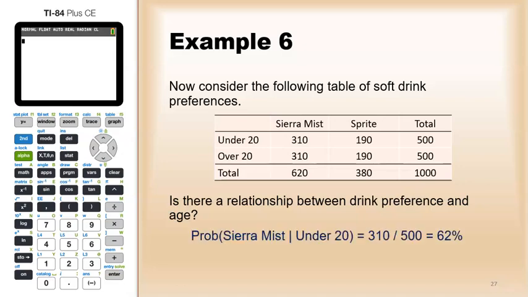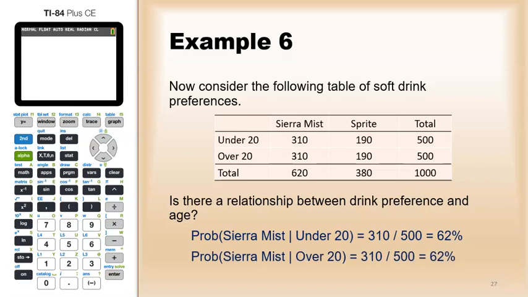Well, let's first look at the probability that someone chooses Sierra Mist given that they're under 20. So in this case, we're looking at these 500 people who are under 20. Out of these, 310 would prefer Sierra Mist. So the probability is 310 out of 500, or 62%.